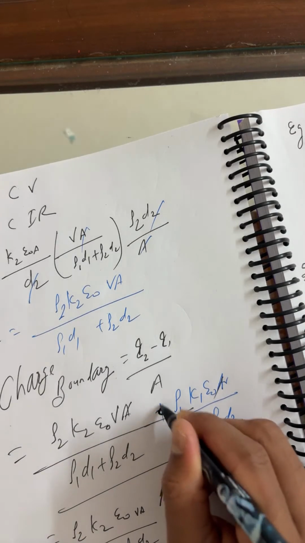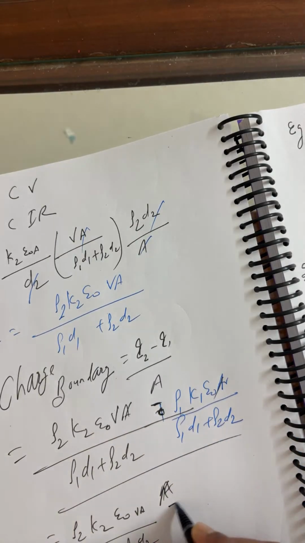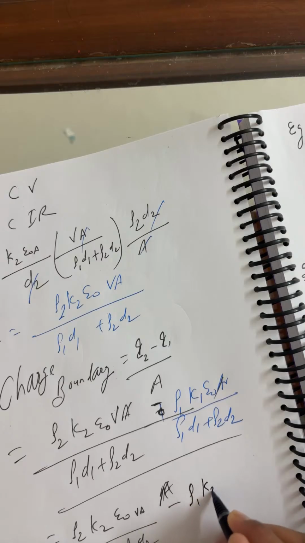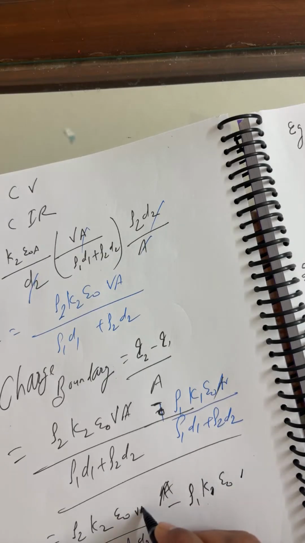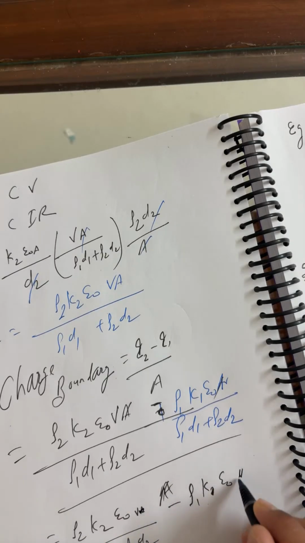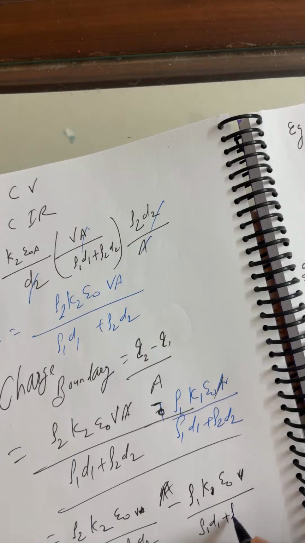It remains here minus only. Minus, with that you can see rho 1 K1 epsilon naught, A cancels, so simply we can say V only. This is V upon beta rho 1 D1 plus rho 2 D2. Further solve, again you can take epsilon into V common.